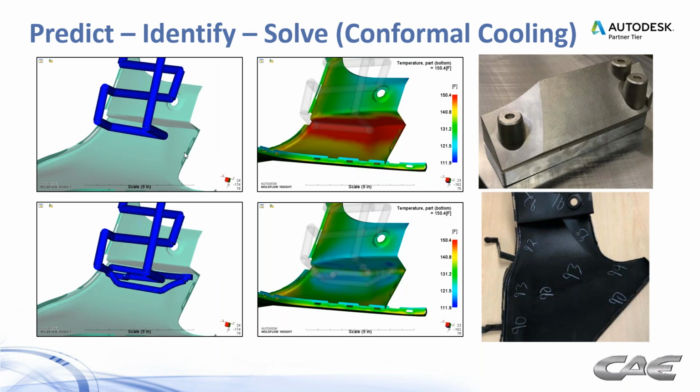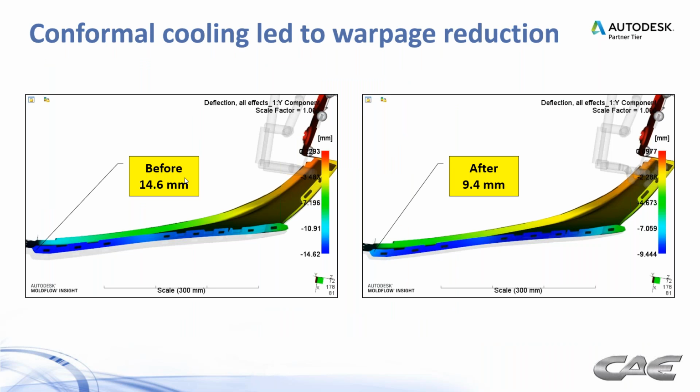But not only that, when we compare to the original design using conventional cooling, you see how not only did the part temperatures change, and we got more uniform cooling, but you look at the change in warpage and how it changed this angle over here in the part. Beforehand, if you measure the warpage at the tip here, it was 14.6 millimeters, and afterwards it was 9.4 millimeters. So there's a lot of benefits to doing things the right way in Moldflow, and it shows up in the manufacturing of the part as well.